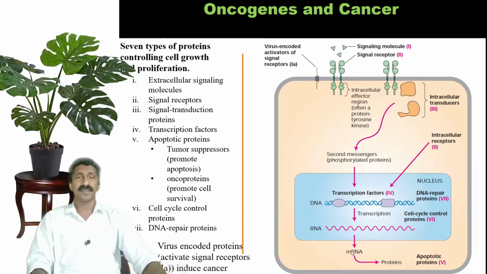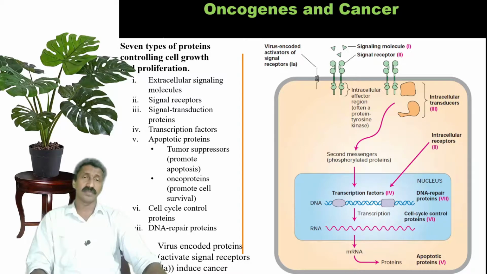And finally, we have the mRNA that is produced, which will be translated into proteins, and those proteins also include apoptotic proteins, which will result in programmed cell death. So the virus encoded proteins, usually if it is a viral DNA, that will be encoded into proteins, and viral encoded proteins usually activate cell receptors and induce cancer.